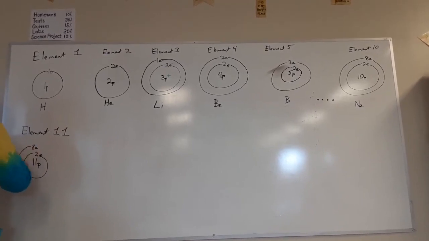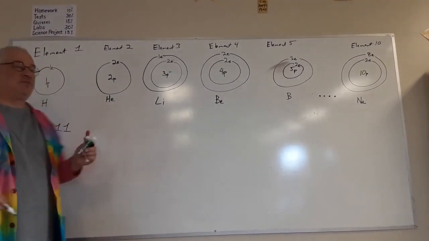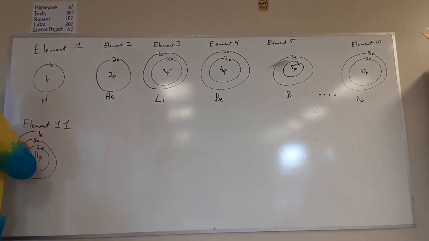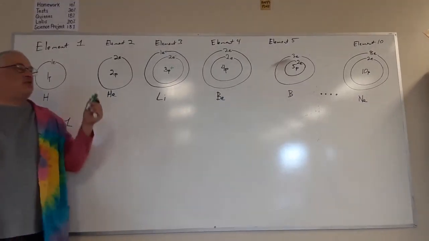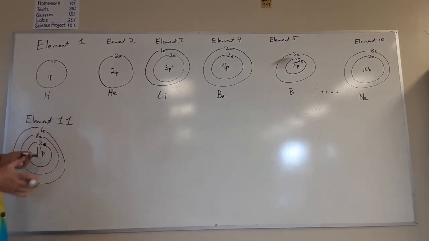There'll be 8 electrons in the next orbital, and that next orbital is now full. So there would need to be yet another orbital. And so as we keep building bigger and bigger atoms, well, they're getting bigger.